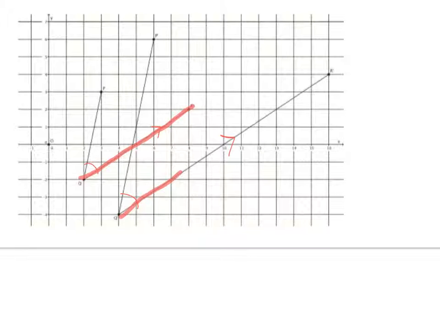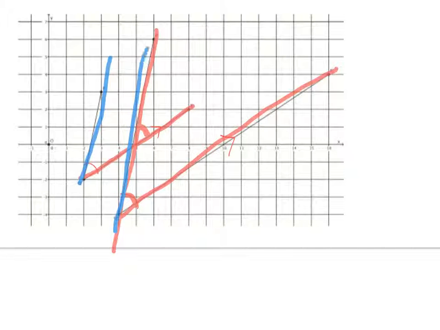These two lines are parallel and cut by a transversal, so this angle and this angle are congruent. We can also say that these two lines are parallel and cut by a transversal, therefore these two angles are congruent. And by substitution, if these two angles are congruent, and these two angles are congruent, then those two angles are congruent, right?